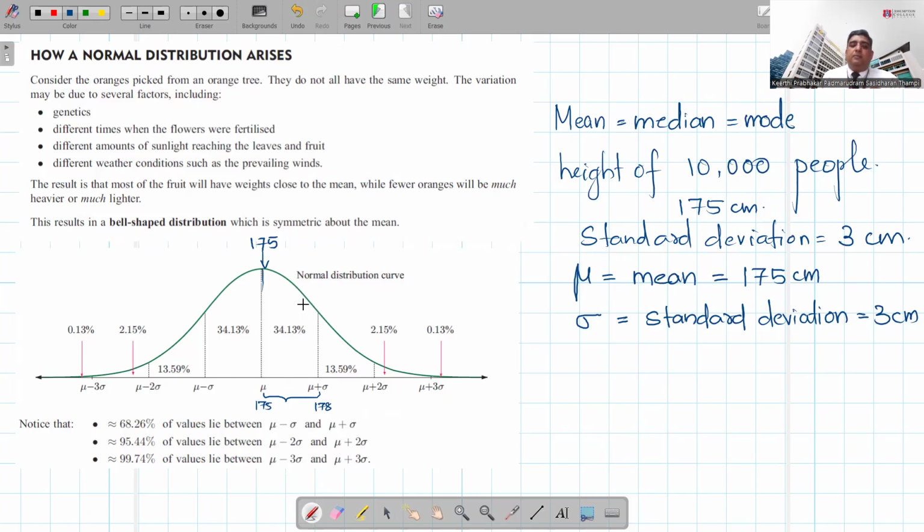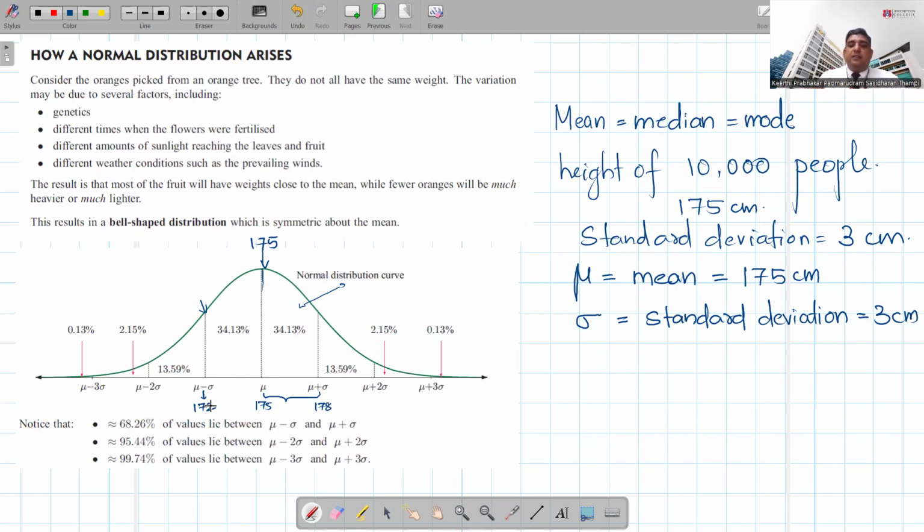34.13% of people lie between 175 centimeters and 178 centimeters. It also means 34.13% of people lie between 175 minus 3, 172 centimeters.